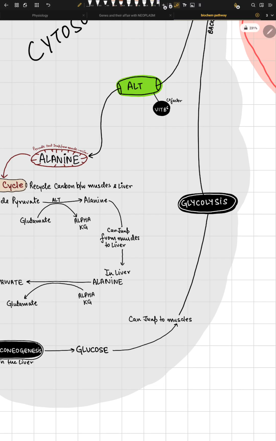And alpha KG is called alpha ketoglutarate. And it's actually a TCA intermediate. TCA is the tricarboxylic acid cycle. This is one of the intermediates of this whole cycle, okay? So it's used in the TCA cycle.